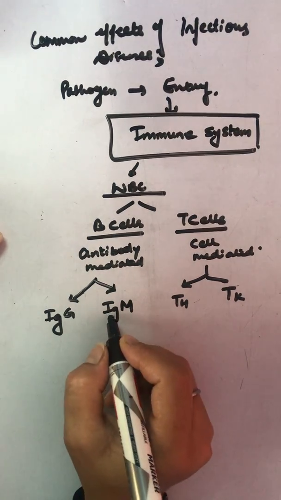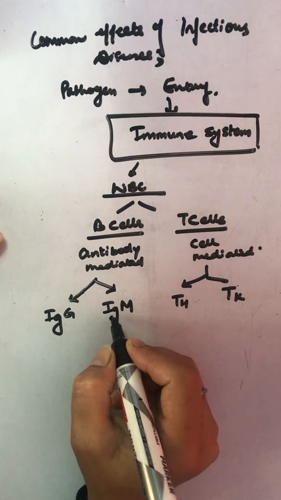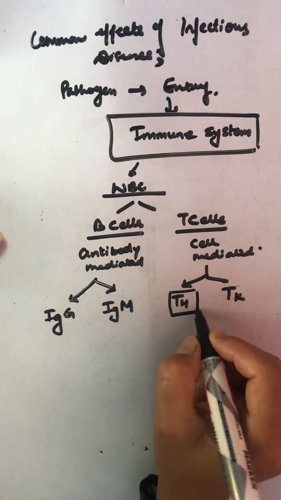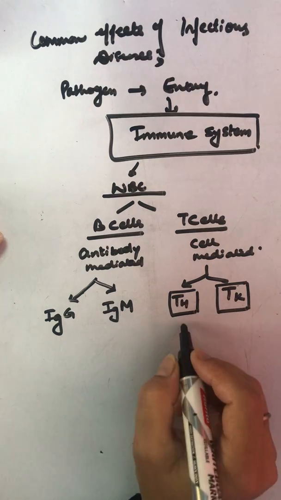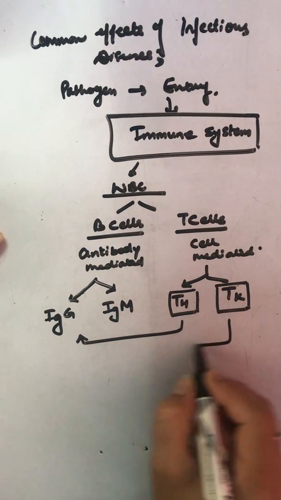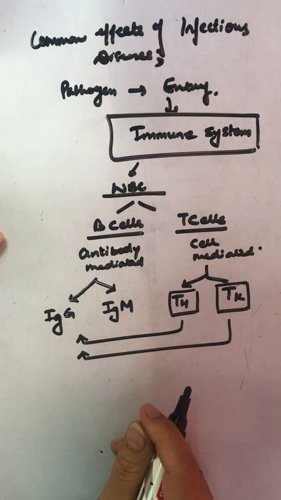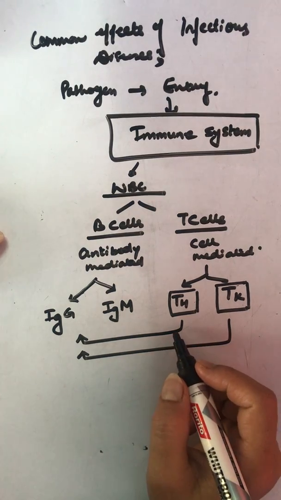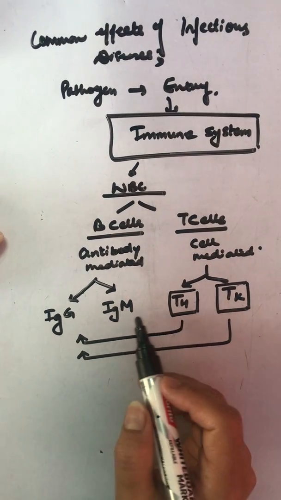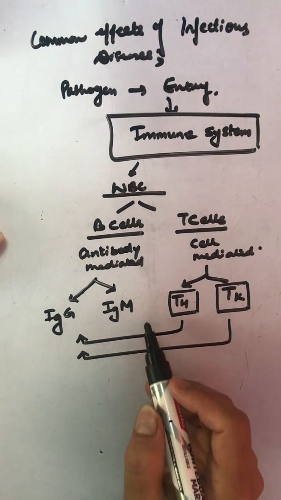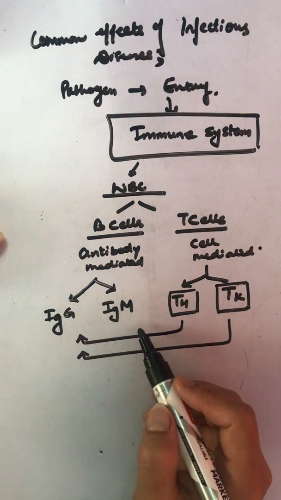Alright, Ig stands for immunoglobulin. Now these cells can help in the production of antibodies. Alright, these WBCs will fight against the infection, against that pathogen by releasing certain chemicals.